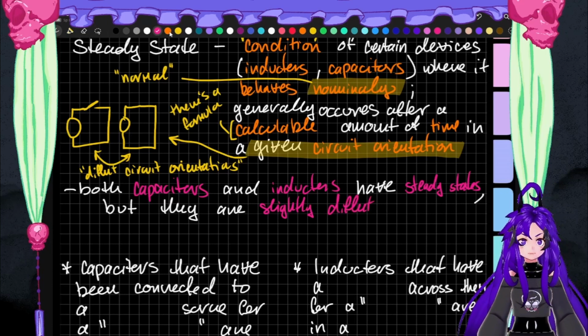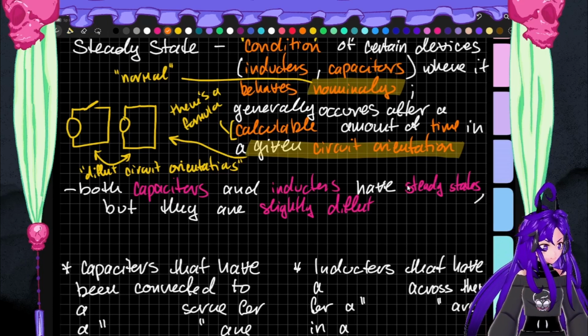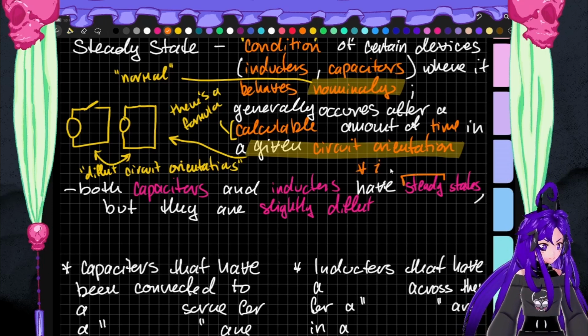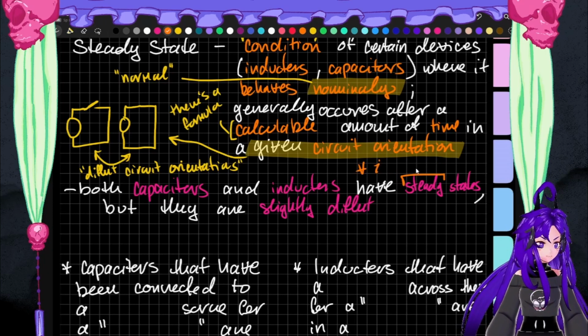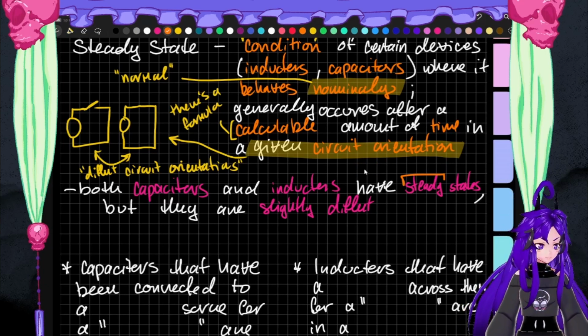And first of all, before going too far further, this steady state just means that its voltage and current behave in a steady way. They've reached a level where they are even. They are not changing drastically anymore.